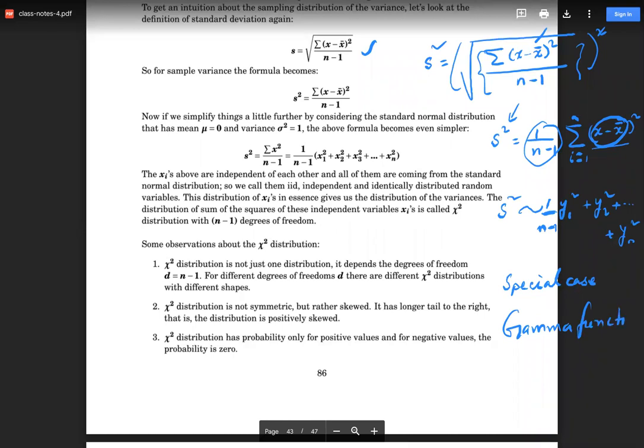We don't need to go into the details of this, but just for the sake of argument, think of this: if you have x1 square plus x2 square plus dot dot dot plus xn square, okay?